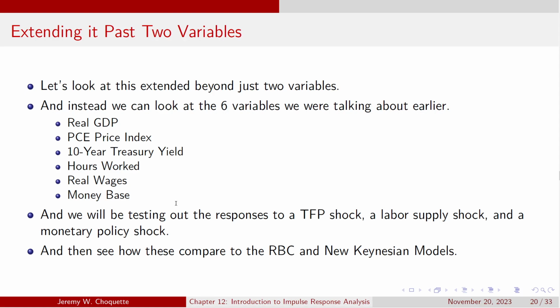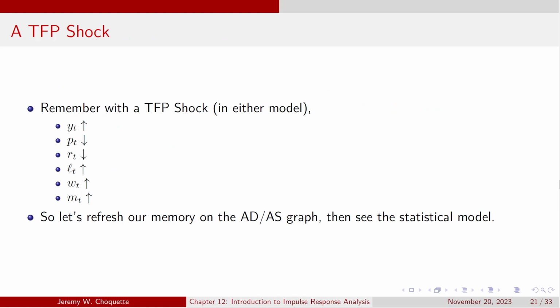Therefore, the money base is going to be increasing, because remember, the money base is what actually gets affected in response to a monetary policy shock. And then we're going to look at these shocks: total factor productivity, labor supply, and monetary policy shocks, and see how they compare to the real business cycle and new Keynesian models.